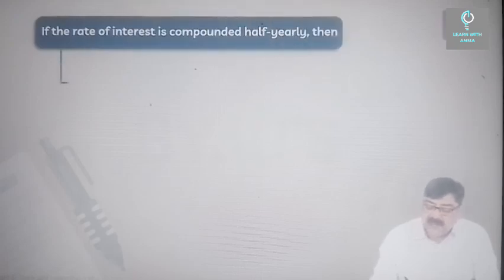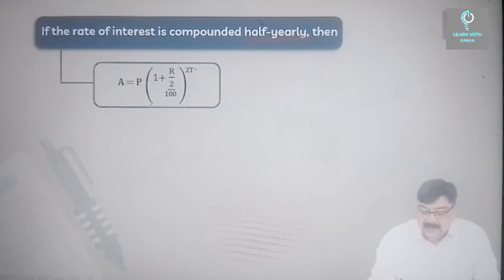Till now, the questions that we have seen, the compound interest has been compounded annually. Now, what happens if the compound interest is charged half yearly or quarterly? In such a case, if the rate of interest is compounded half yearly, then this is the only change that we need to make. It is half yearly, that is twice in a year.